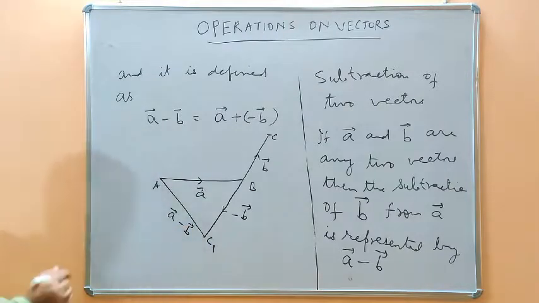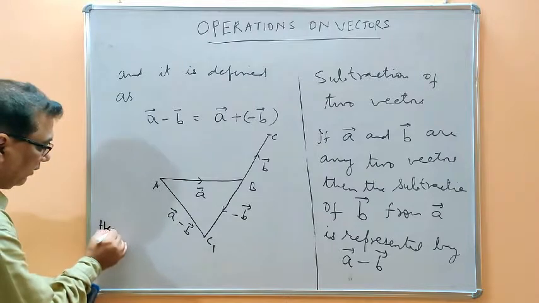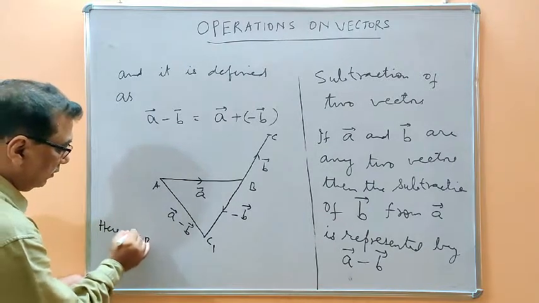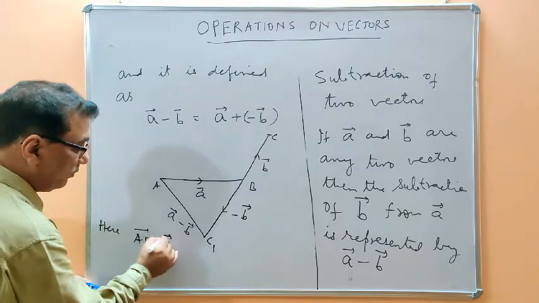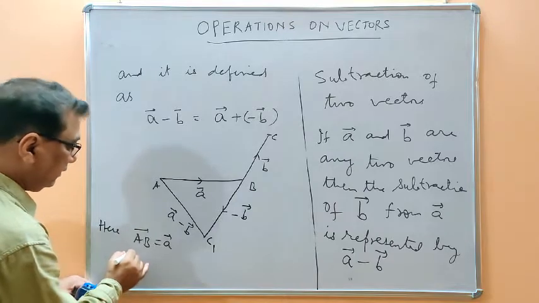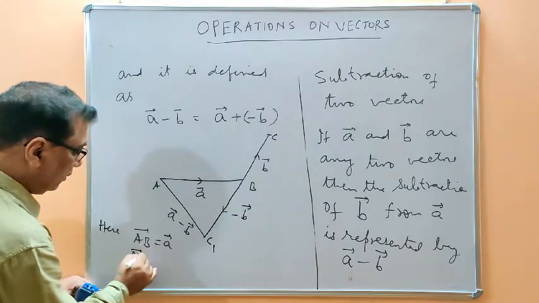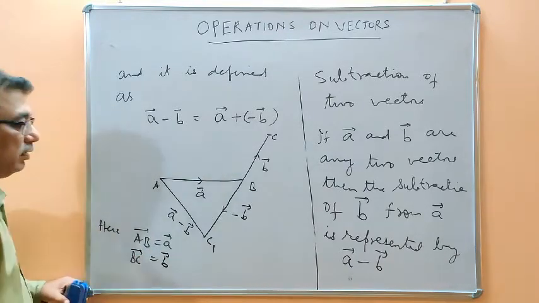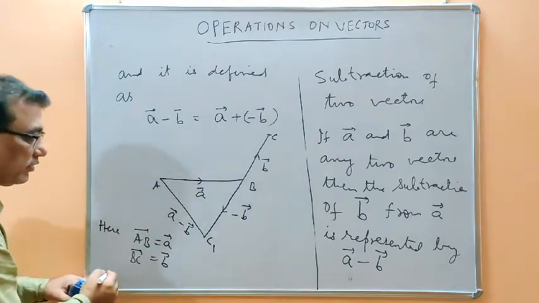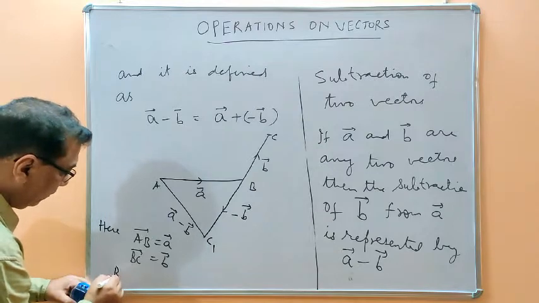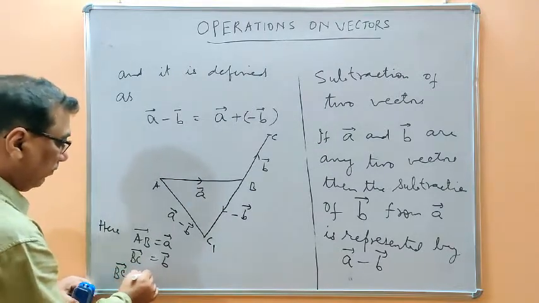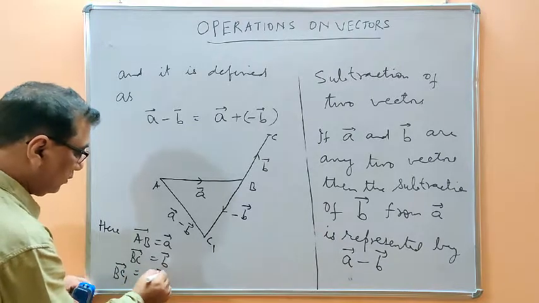Okay, so here what we have assumed is that AB is equal to A, meaning direction and magnitude both are the same, and similarly we have taken BC equal to B. Then we have produced CB in the opposite direction, so BC1 is equal to minus BC.